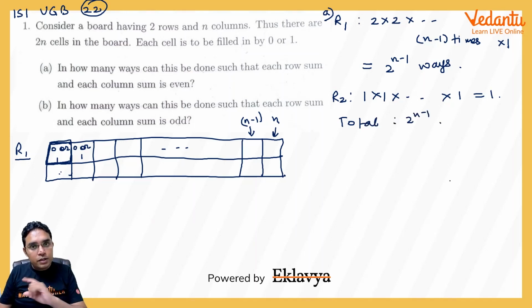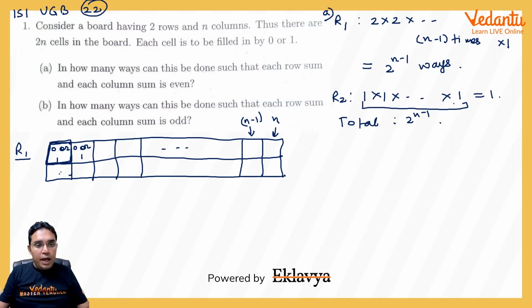Now there is one more thing to notice here, please listen carefully. When I was doing this 1 into 1 into 1 into 1, I was only focusing on making the sum in all the columns even. I didn't give notice to whether the sum in row 2 is also becoming even or not.